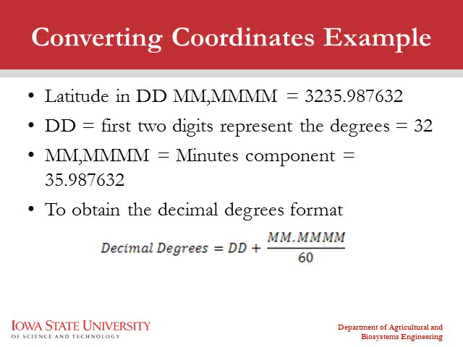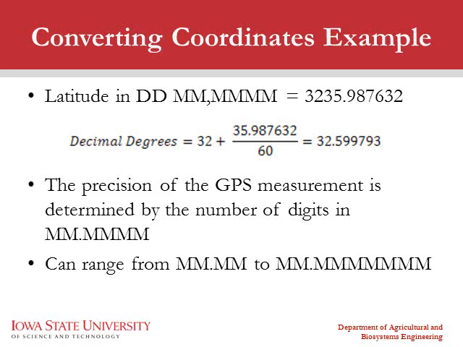To obtain a decimal degree format, we simply take the degrees value and add that to the minutes divided by 60. In our case, we take our 32 plus our minutes divided by 60, and we end up with 32.599793. This is the GPS position in decimal degrees. The number of digits we have will vary depending on the type of receiver and the resolution that it provides.